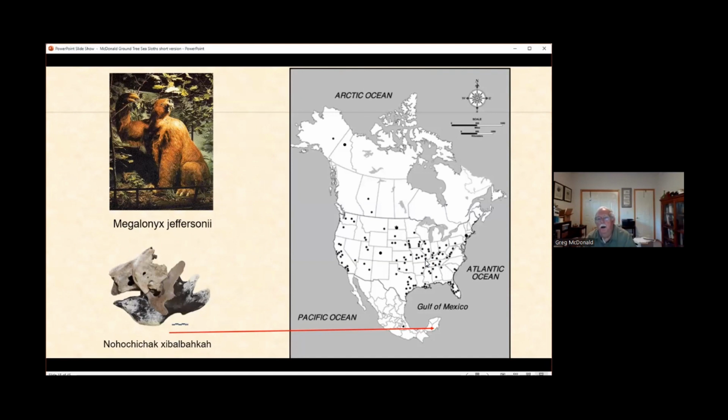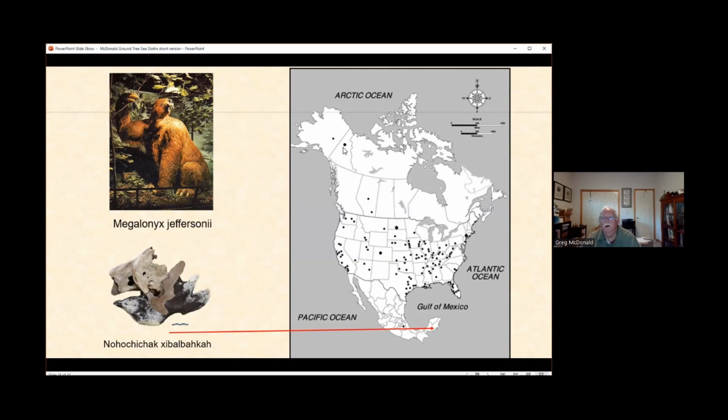In North America, we can see Megalonyx is extremely widespread. It's known from coast to coast. And you'll notice there's even some northern records here, getting all the way up to the Yukon. These northern records are during the last glaciation. So as I mentioned before, with the Rematherium getting out of the southeast during the last glaciation and getting up to New Jersey, Megalonyx went even further.